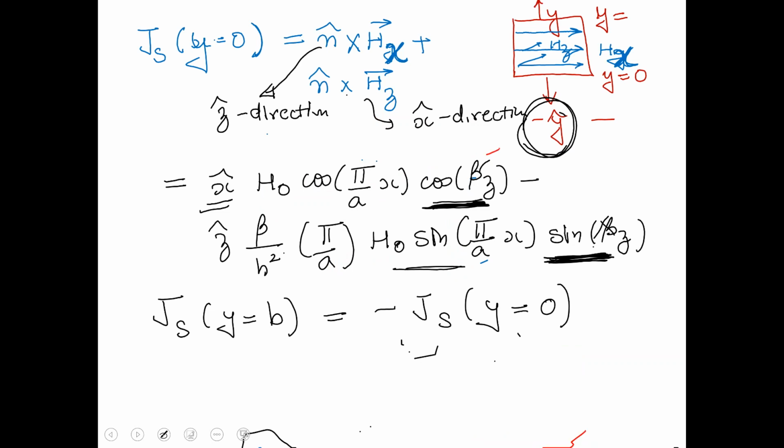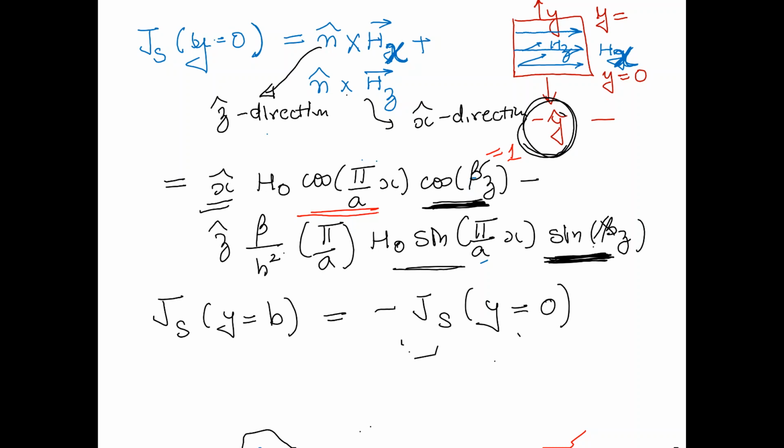So cos beta z is 1. If cos beta z is 1, the variation is cos pi by ax. On one plate, if it is positive, on the next plate, it would be negative. On the next side, it would be negative.